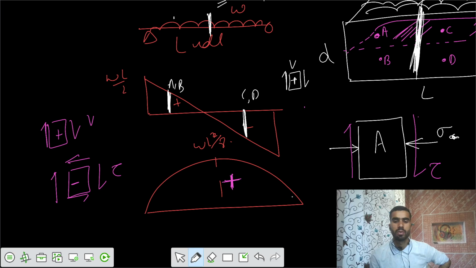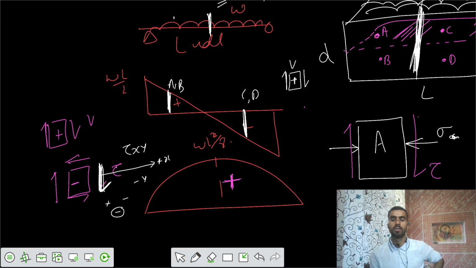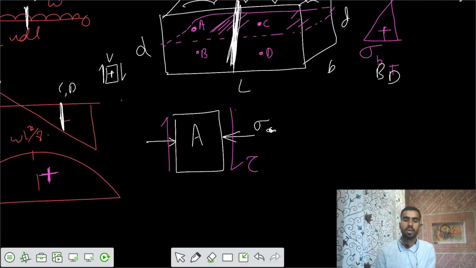To find its value, draw the normal perpendicular to it, acting in positive x. I name it tau xy, but it acts in negative y, so plus into minus becomes negative. So your shear stress is negative, minus tau. Similarly, you can have shear stress in this way also. So your state of stress on point A would be in this fashion.